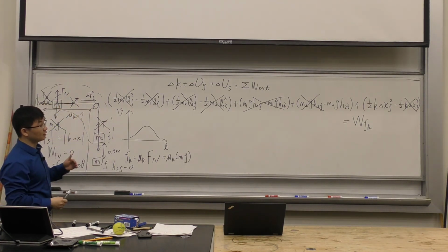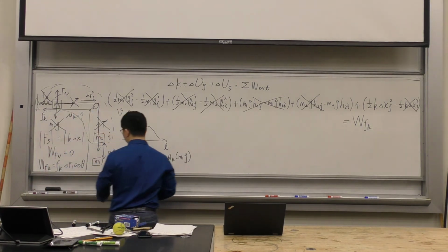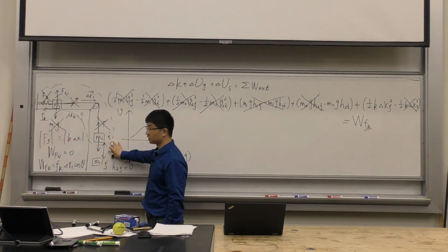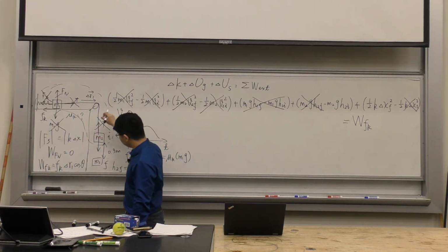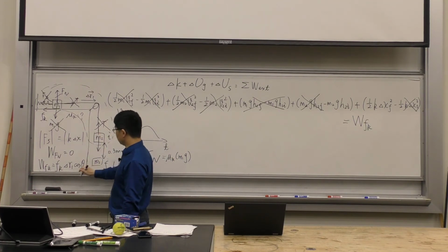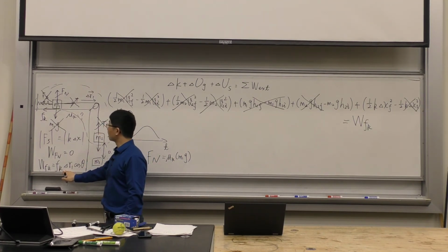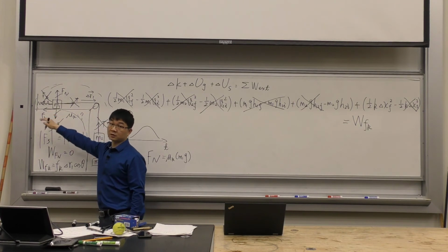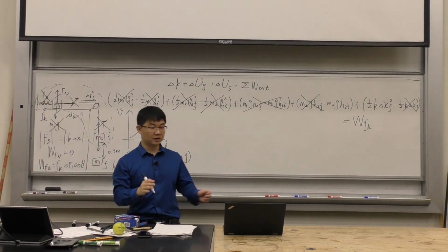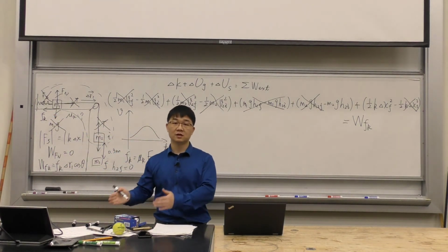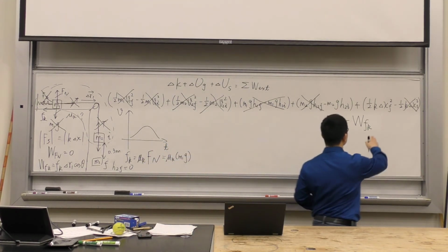But delta xf is also going to be equal to this number. So the initial height of M2, the displacement for M1, and the displacement for the spring are going to be the same number because they're connected. They always move the same distance. So you know this.